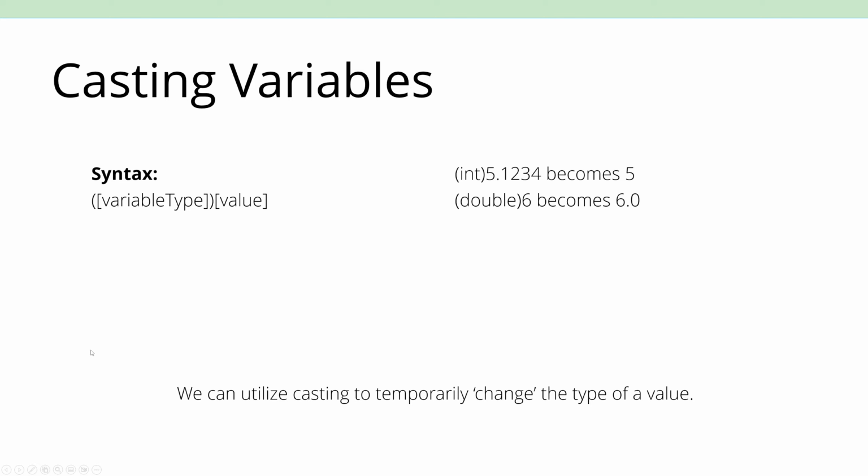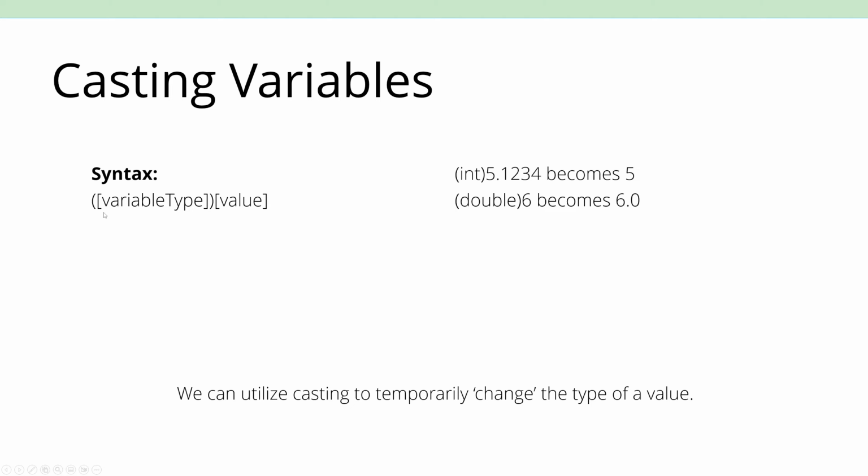So the way to cast a variable is to have the variable type that you want to cast the value into and the value to the right side. For example, imagine I have the value 5.1234. Now that's a decimal value, but I want to cast it, I want to change it into an int, which is integer type.